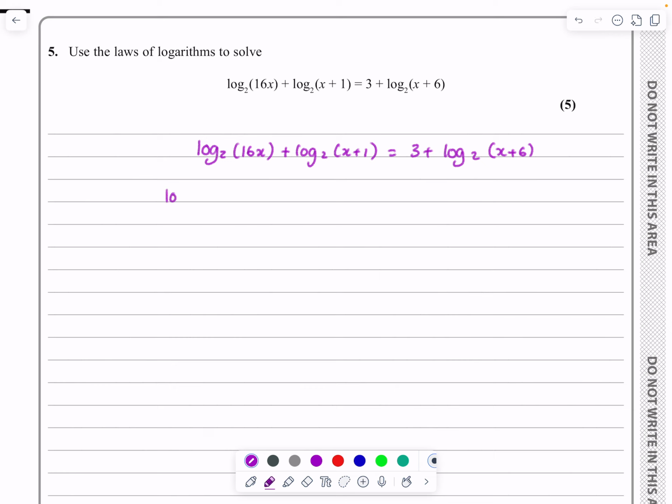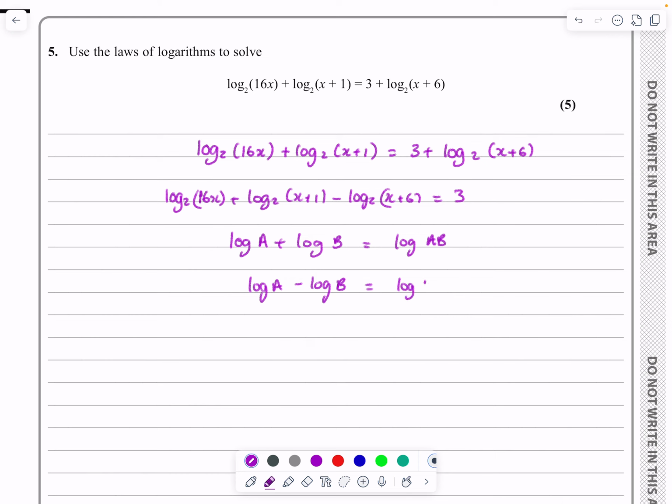So I'm going to get log to the base 2 of 16x, plus log of x plus 1, minus log of x plus 6 is equal to just 3 on the other side. And then we're using the fact that log a plus log b can be written as log ab, and log a minus log b can be written as log a divided by b.